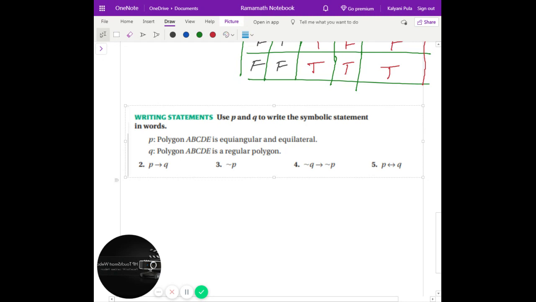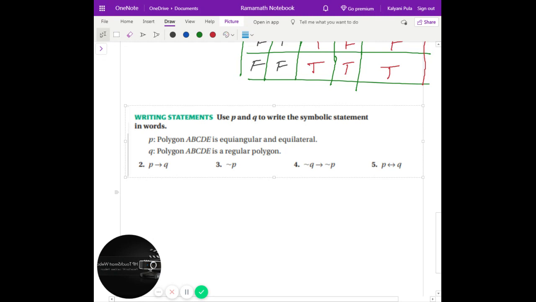Right. So when the polygon is equiangular and equilateral, it's always a regular polygon. Regular means it has to have the same angles and also equal sides too. That's called a regular polygon. Okay, so if polygon ABCDE is equilateral, then it is a regular polygon.